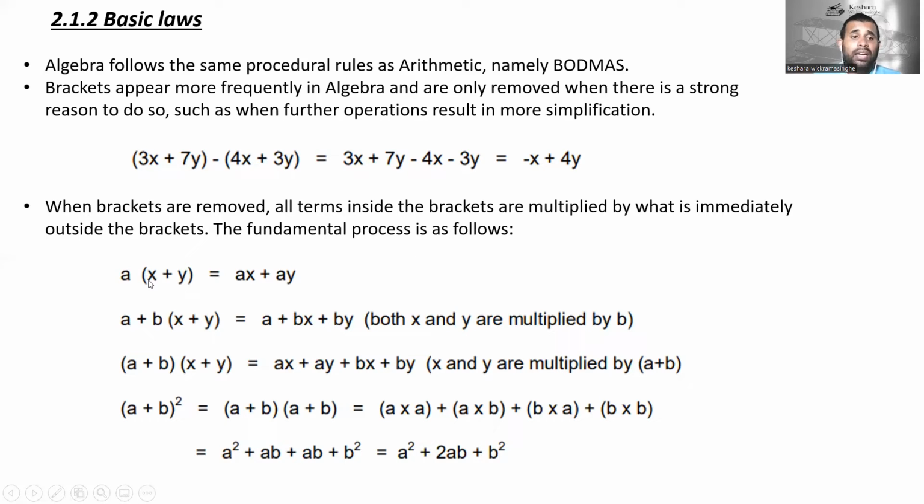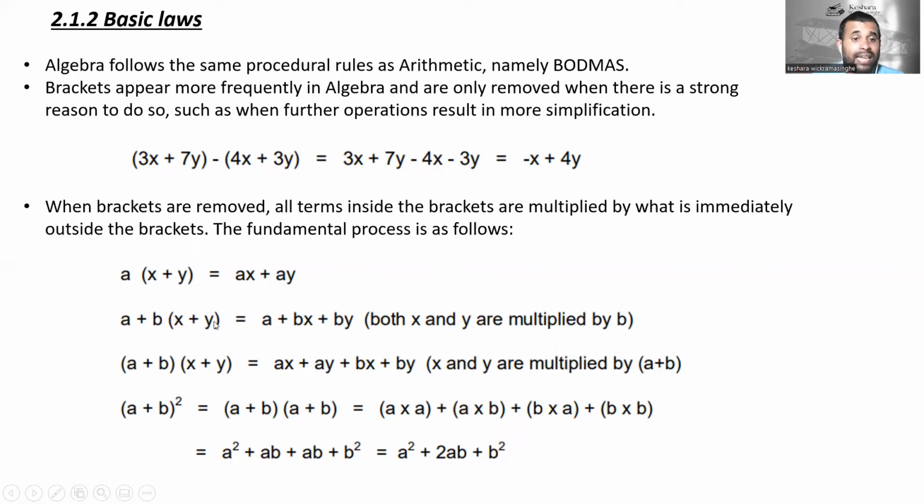Example a inside the brackets x plus y, so then we have to multiply x plus y by a, so ax plus ay. Example a plus b inside the bracket x plus y, so then we have to multiply x plus y by a plus b, so then ax, sorry, no, in this situation I'm wrong, I'm sorry.